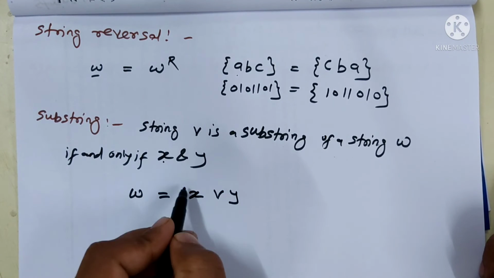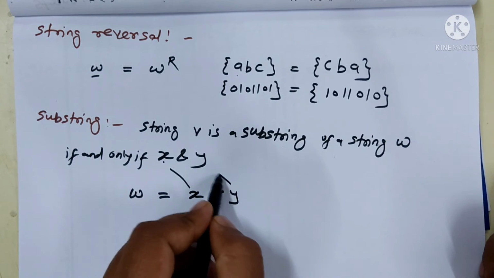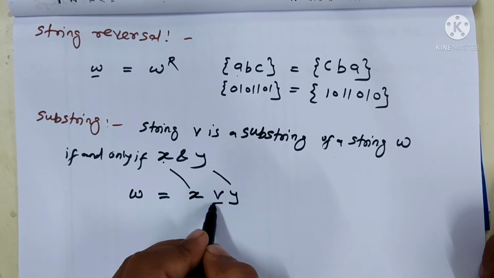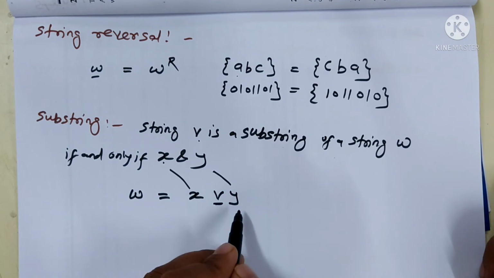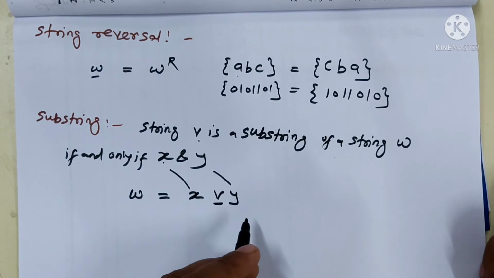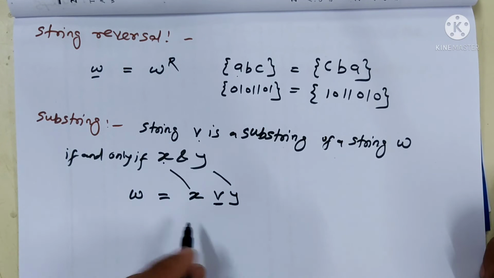If we find x as a starting string and y as an ending string, then v is the substring of that whole string. We call it a substring.